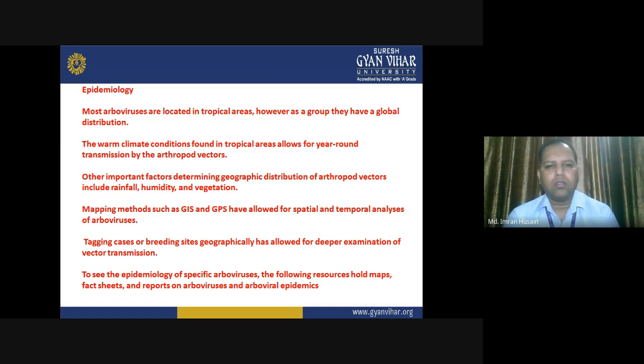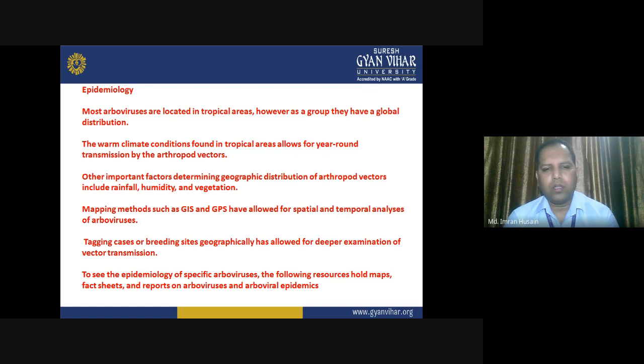Tagging cases or breeding sites geographically has allowed for deeper examination of vector transmission. So, mostly what the experts are doing now with this technology is straightaway targeting the breeding grounds of this type of vector, or arbovirus, so they can easily eliminate the threat from the population.